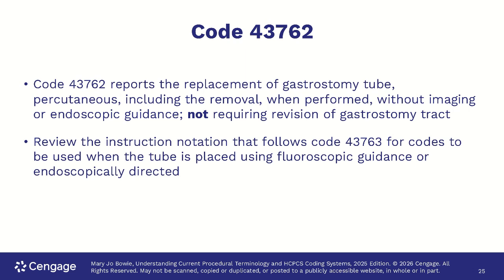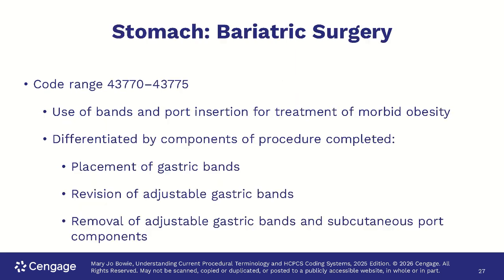And notice that this particular code does not require revision of the gastrostomy tract. So you want to review the notes that are by 43762 and 43763. And I'm going to just continue on.